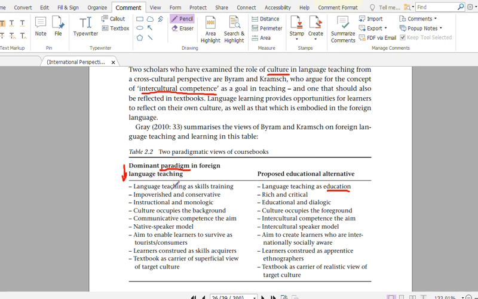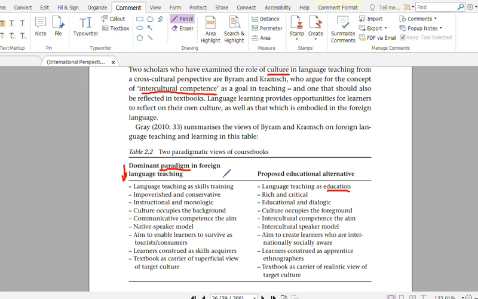Here, the first paradigm, which is very common, especially in the Iranian L2 context and education, is this: language teaching as skill training. You see that most often the materials developers, the teachers, the parents, the students, all of the stakeholders believe that, okay, there is some passage in the reading comprehension text. If you read them, if you learn the vocabulary items, then you develop and improve your reading skills.